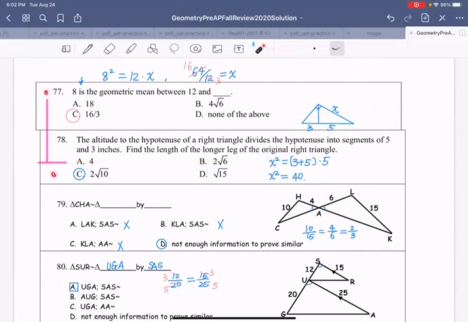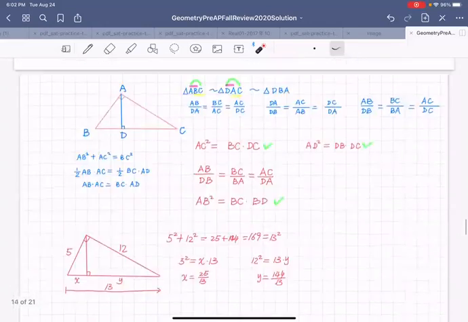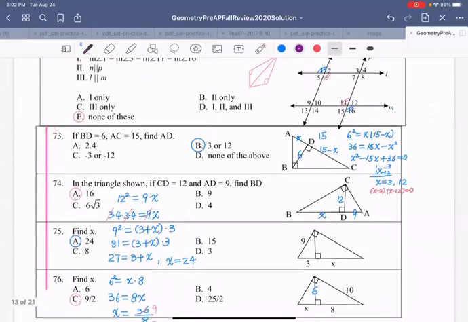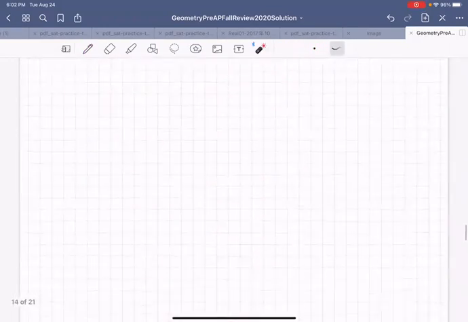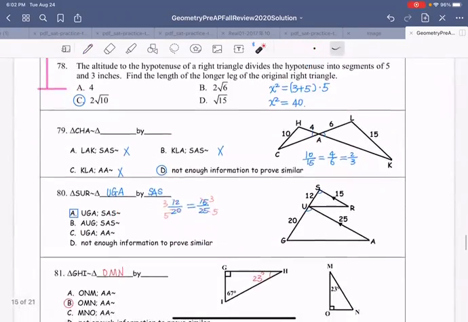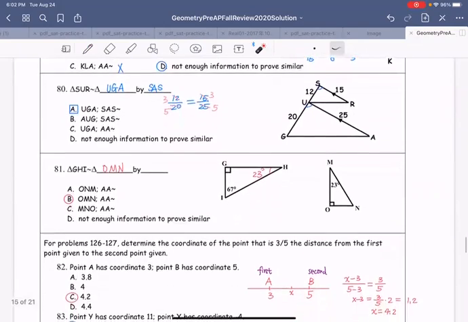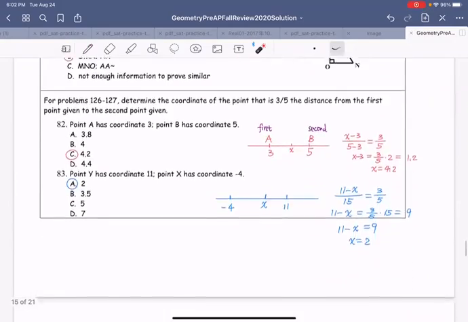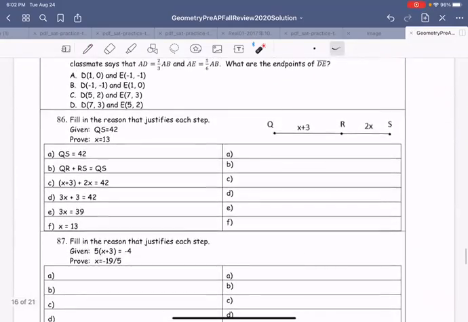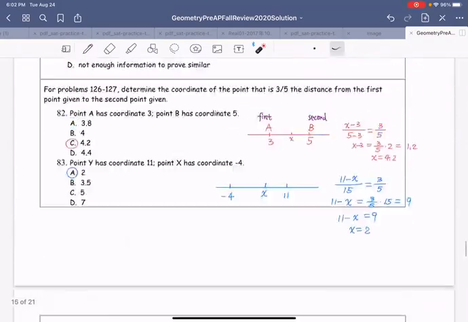For this review, you don't need to worry about the pink part. You can skip the pink part because we haven't learned right triangle similarity, which is one of the hardest topics. But I think all the other questions, you can handle.